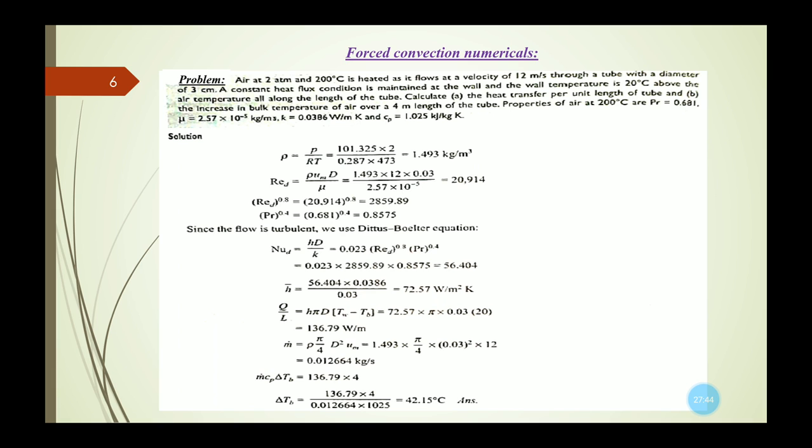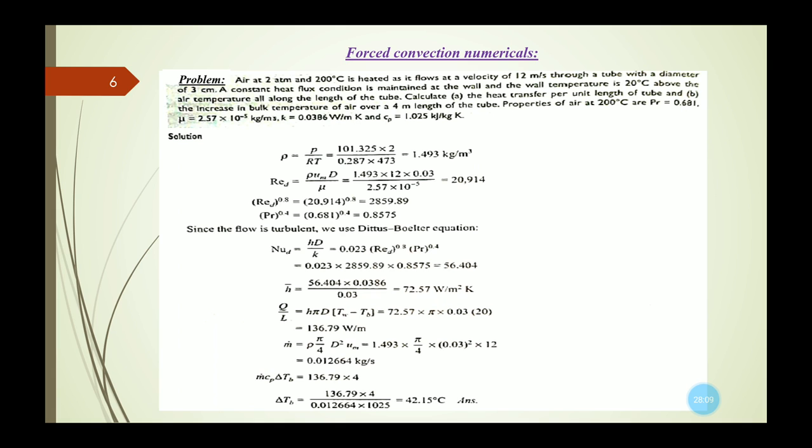So it equals h pi d multiplied by the temperature difference. So h we have calculated, d is the diameter of the tube, given in this numerical as 3 centimeter, and the temperature difference is also given, that is 20 degrees above the air temperature. So we can calculate Q by L, that is the heat transfer per unit length of the tube.